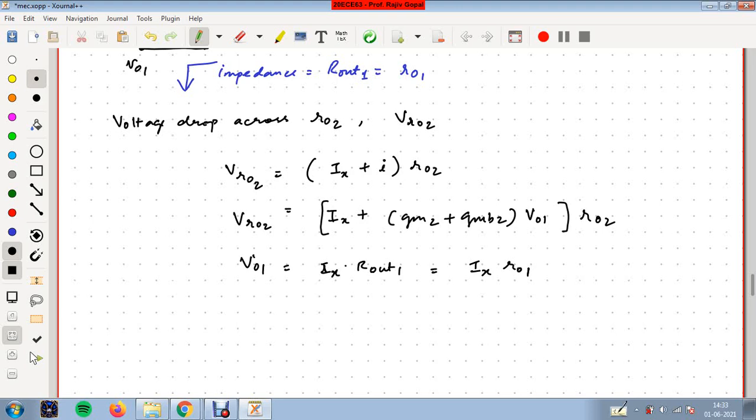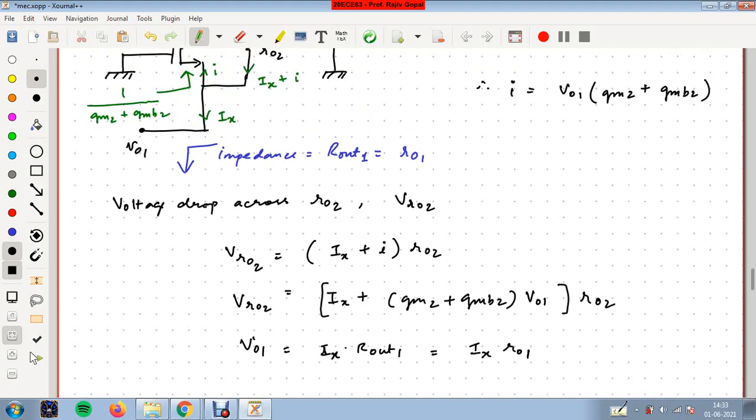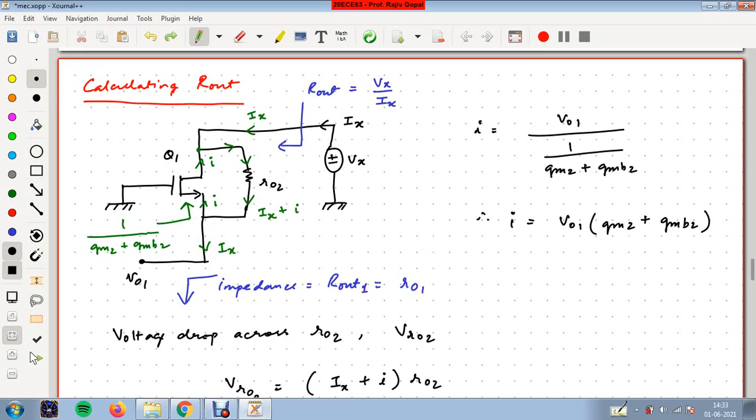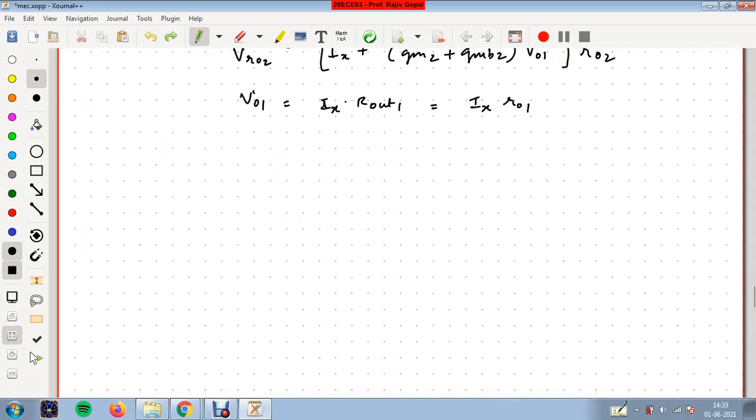Okay, now I have voltage drop. If you look at the diagram, I have voltage drop across R02, I have voltage V01. So Vx, I can write Vx as addition of this drop plus this voltage, right? Why? KVL. Okay, so by using KVL, I can write Vx as VR02 plus V01.